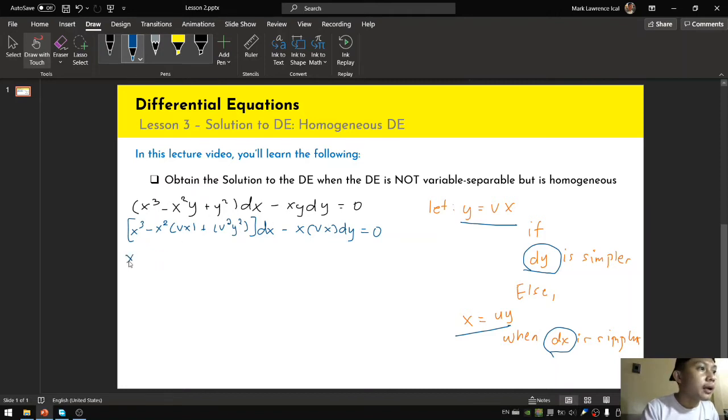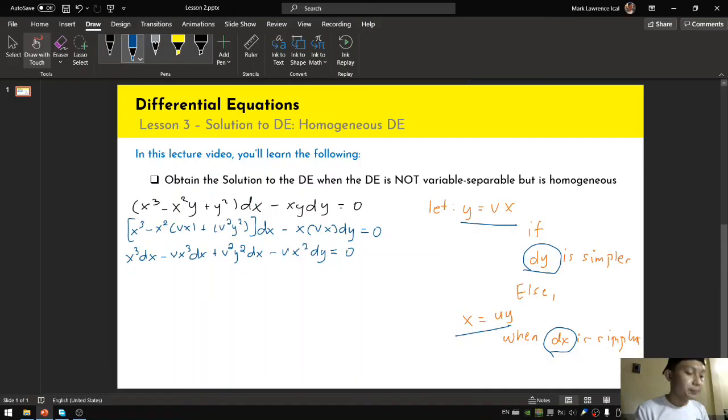So we have x cubed dx minus vx cubed dx plus v squared x squared dx minus vx squared dy is equals to 0.